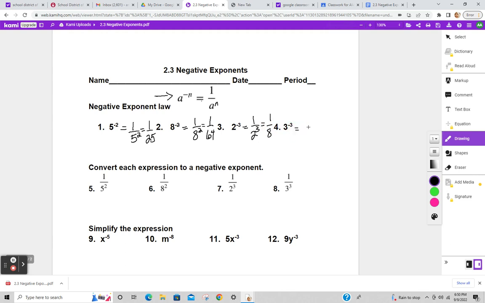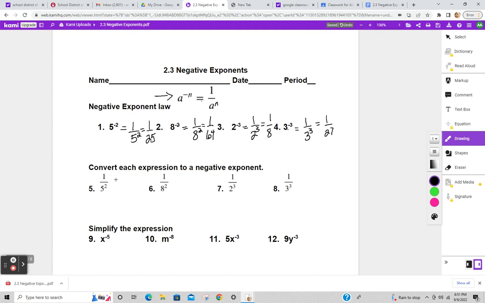Okay, let's go to the next one and try that one too. So hopefully you got 1 over 3 to the third. Okay, so it goes from being negative to positive when you convert this negative power to this form. And this reduces to 1 over 27.